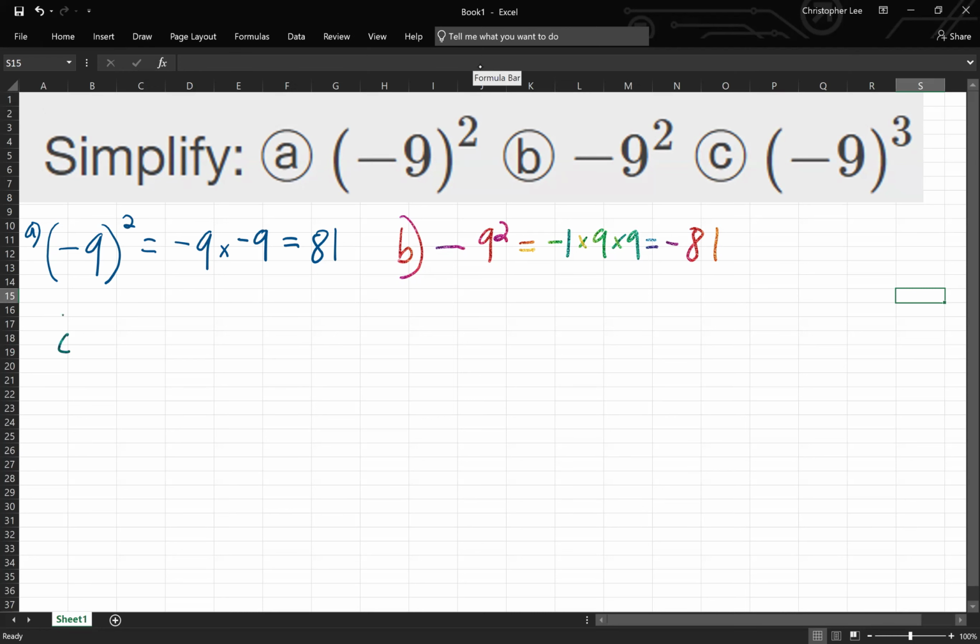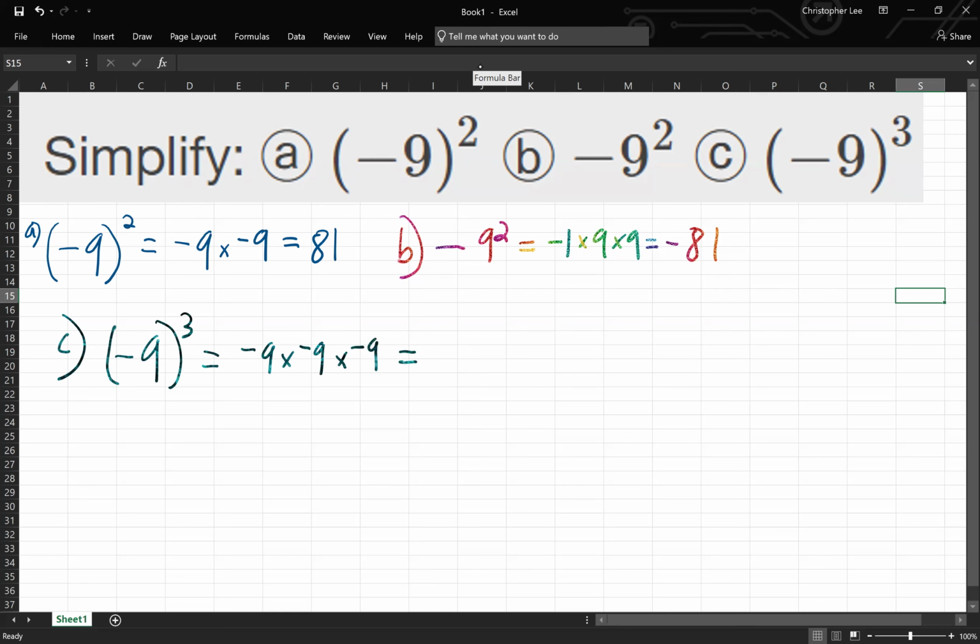Let's look at C. So for C, I have -9 to the third power. All right. So we know that -9 to the third power is going to be what? -9 times -9 times -9, right?